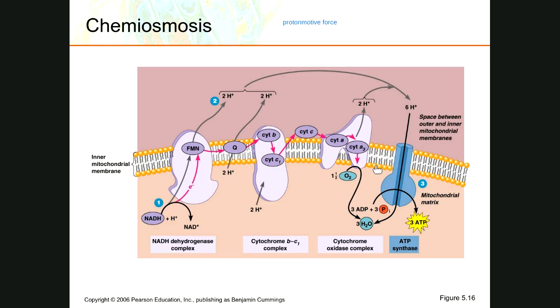So brains require a tremendous amount of ATP, and you need oxygen for that. So if you stop breathing or you're deprived of oxygen, you've got 4 to 5 minutes usually before brain damage starts to occur. So that's why you need to breathe. You need the oxygen to be the final electron acceptor in the electron transport chain, so your brain can make lots of ATP.